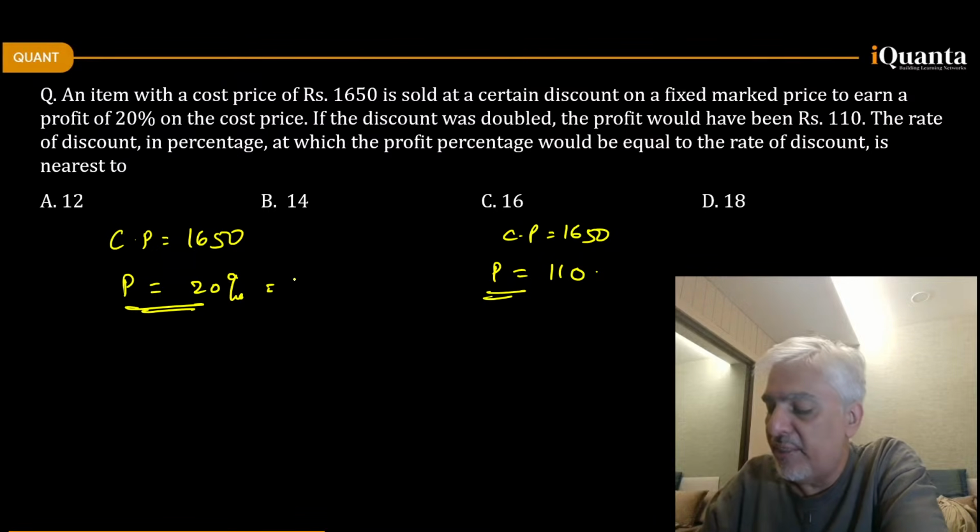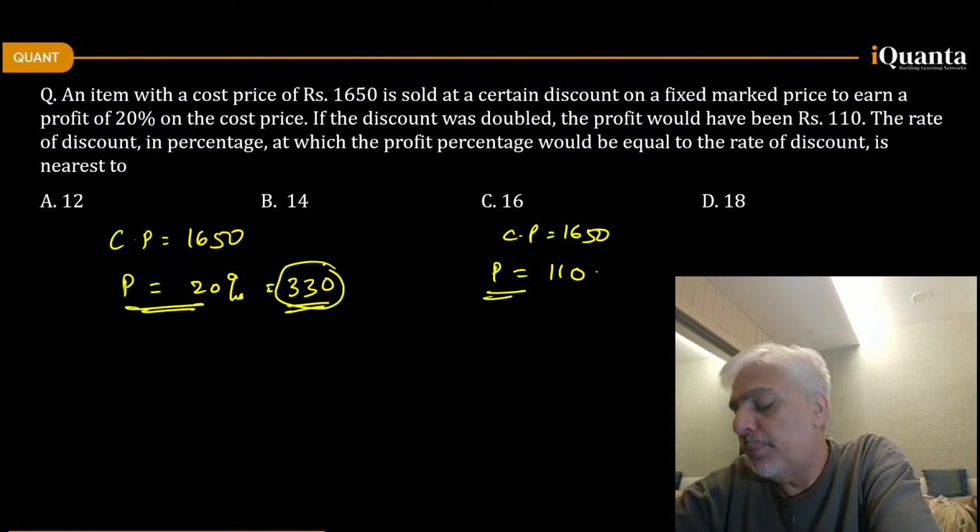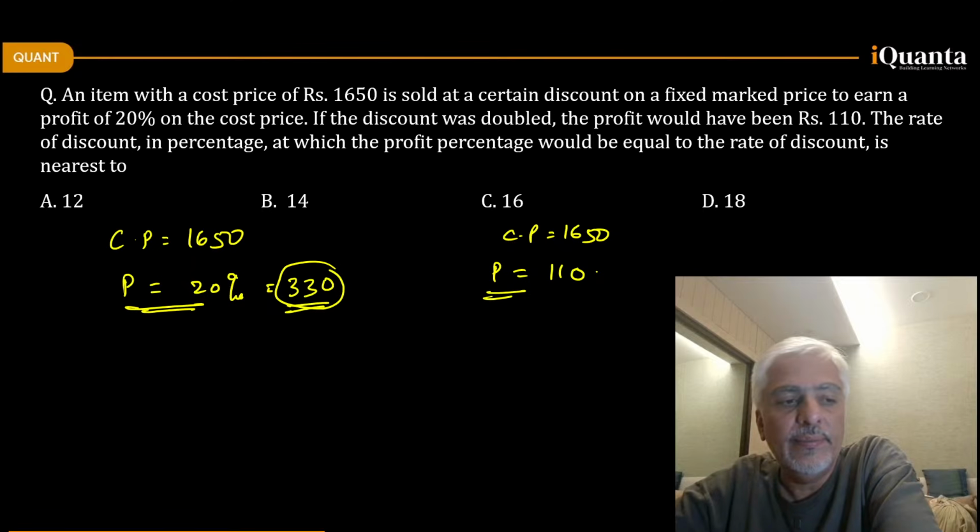20% is 1/5. That is 330 rupees. So case 1 ka profit is 330. Case 2 ka profit is 110.